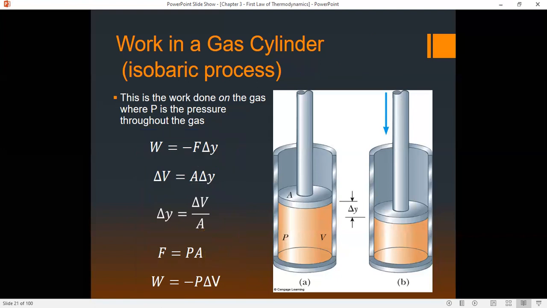So for any type of isobaric process, iso meaning constant, baric meaning pressure, anytime the pressure is constant, we can get a fairly easy relationship between work, pressure, and the change in volume. Okay? The work done by the gas is pressure times delta V. The work done on the gas would be negative P delta V.